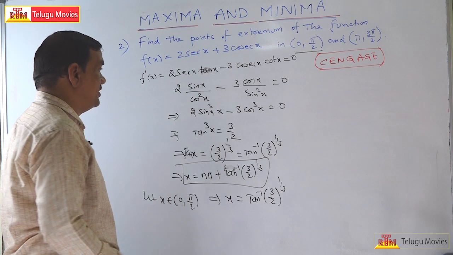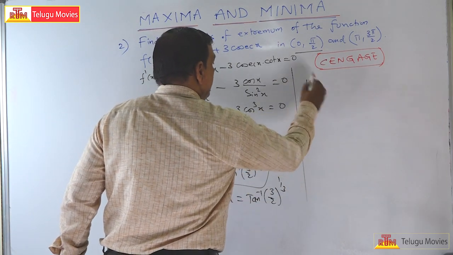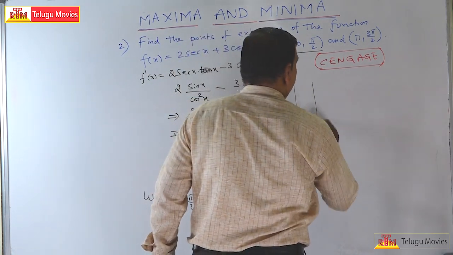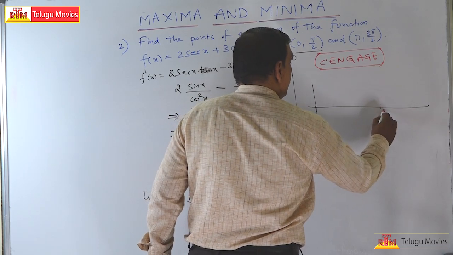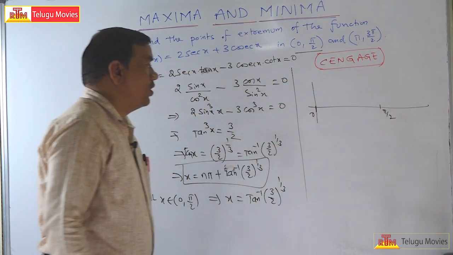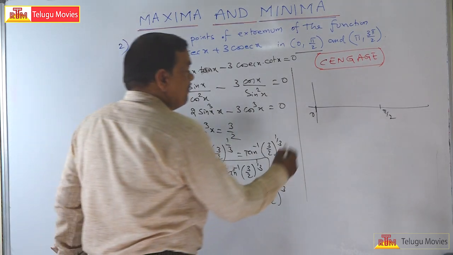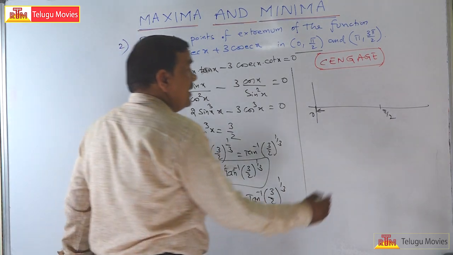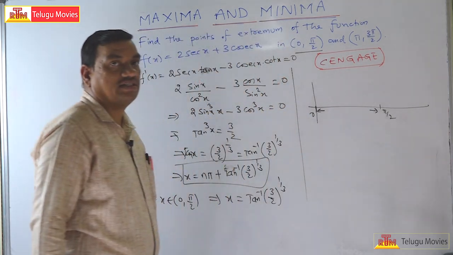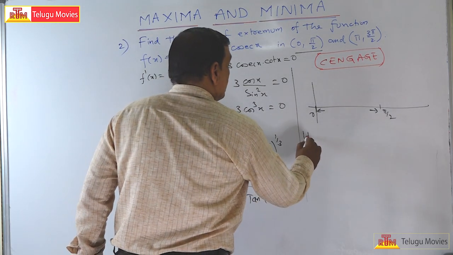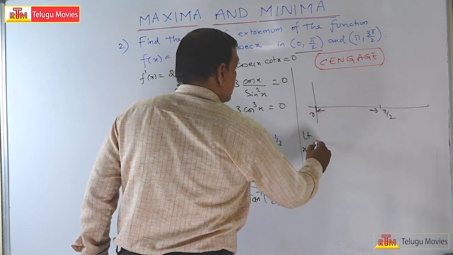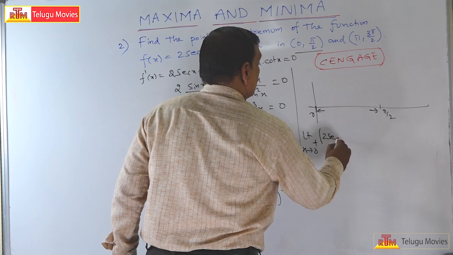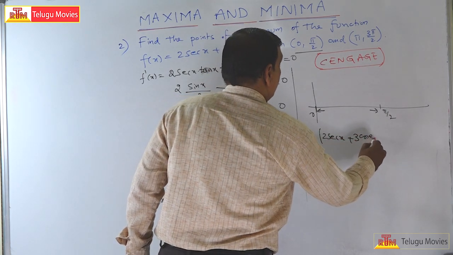Now if you observe here, the interval is from 0 to pi by 2. From the right hand side I will find the limit, and from the left hand side I will find the limit. Limit x tends to 0 plus of 2 secant x plus 3 cosecant x.